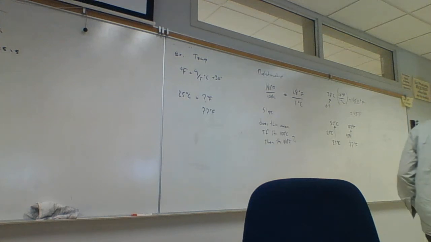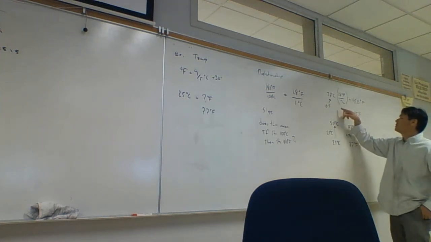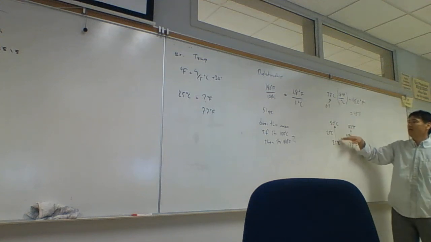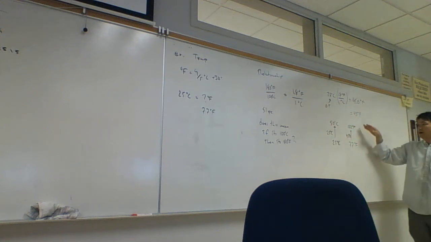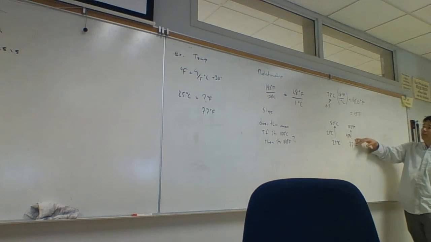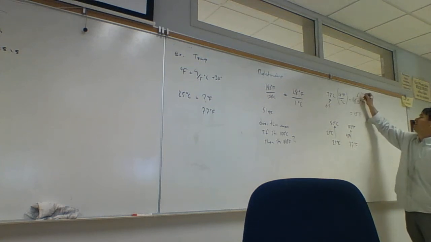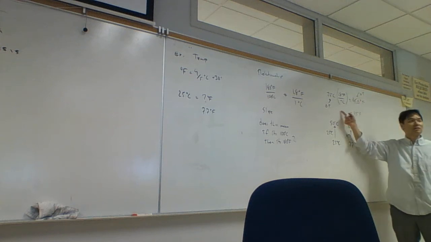And so if we're looking at delta T's, we could use dimensional analysis, because a 25 degree C temperature change, this delta T, is equivalent to a 45 degrees Fahrenheit temperature change, which is a delta T. And so here, dimensional analysis is no problem.